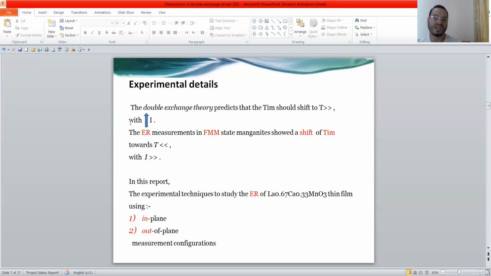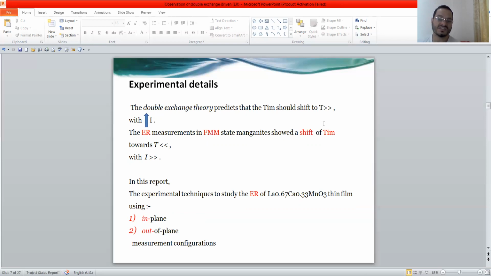And at the same time, with the increase in the current, the temperature will increase, because the double exchange theory supports this form.